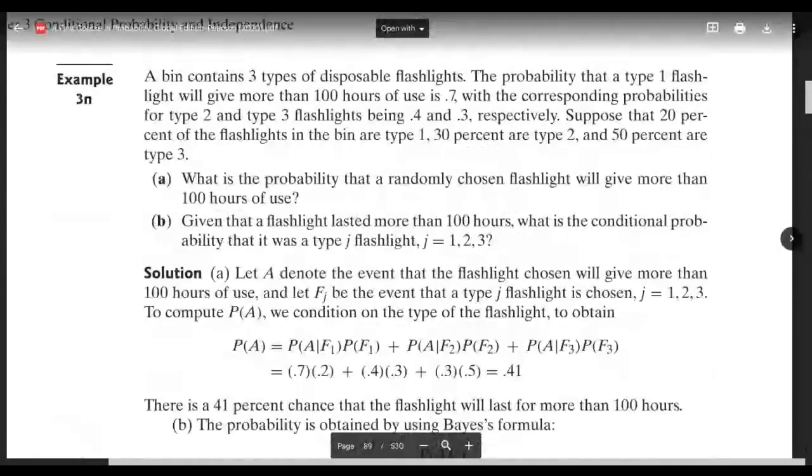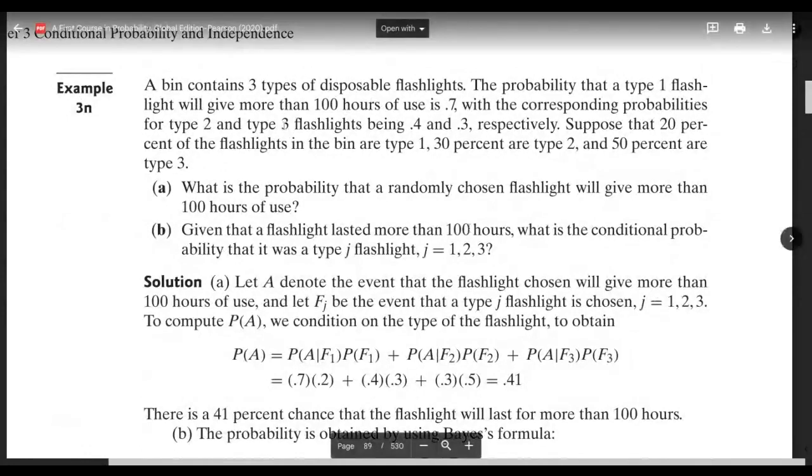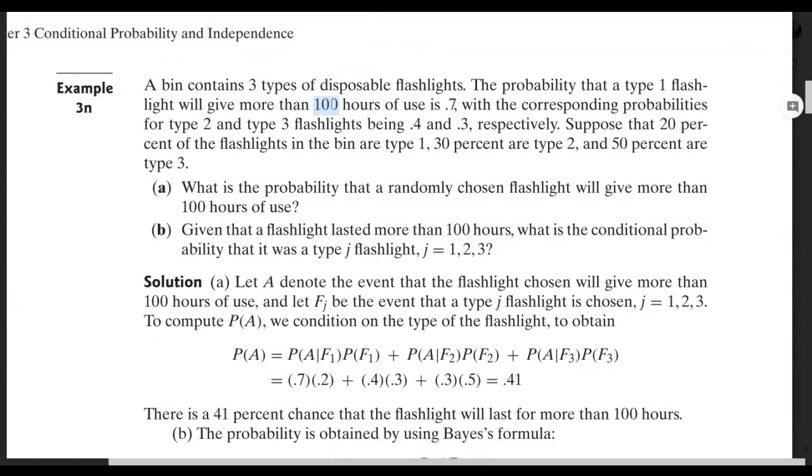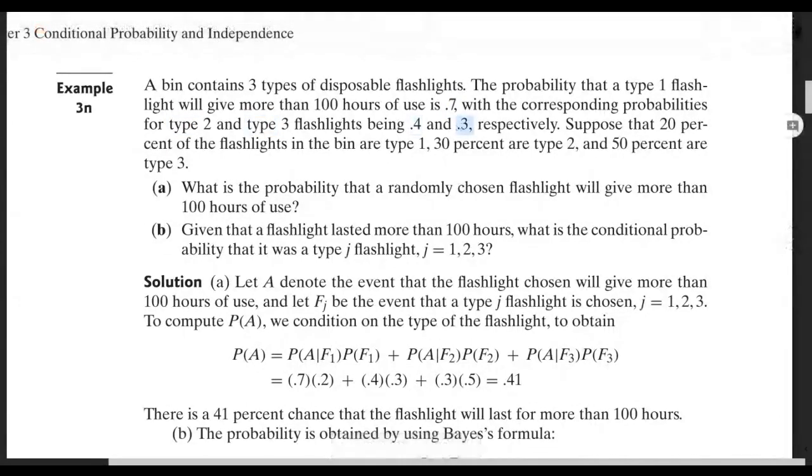Okay, let's see this example. A bin contains 3 types of disposable flashlights. The probability that a type 1 flashlight will give more than 100 hours of use is 0.7, which is 70%, with the corresponding probabilities for type 2 and type 3 flashlights being 0.4 and 0.3, respectively.